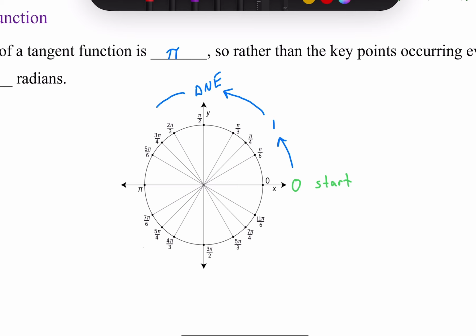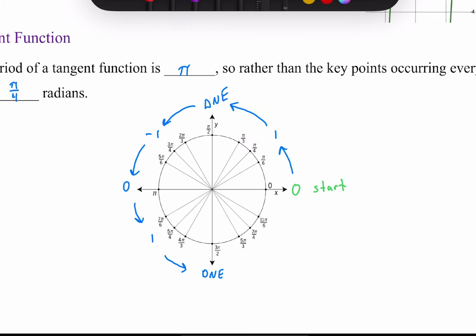And then at 3 pi over 4, it's -1. And then here it's back to 0. And then the exact same pattern repeats itself, right? It would be 1 here and does not exist here, and then it would be negative in quadrant 4.